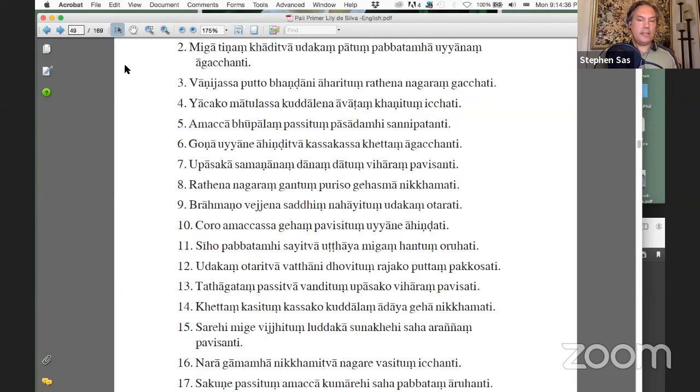I think vata is indeed a neuter noun, vatang, and it's neuter plural accusative. And it's the object of dovitung, which is the infinitive, to wash clothes or cloths. I guess a plural of cloth is clothes. I'm not sure. It's the famous word of a sutta in the Majjhima Nikaya, the Vatta Sutta. So does that answer your question? Yes, thank you. You're welcome.